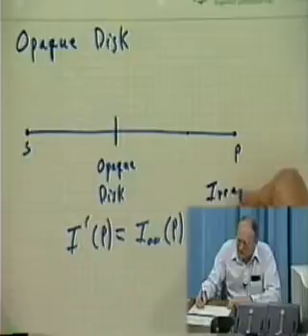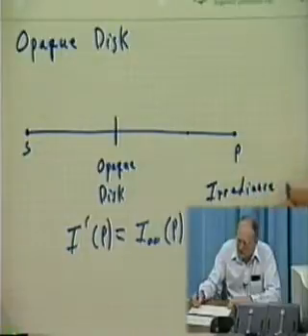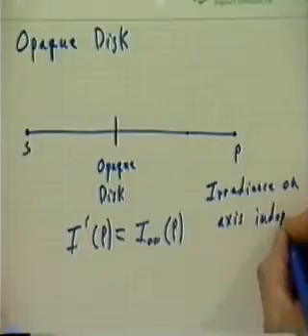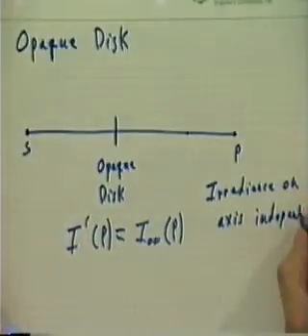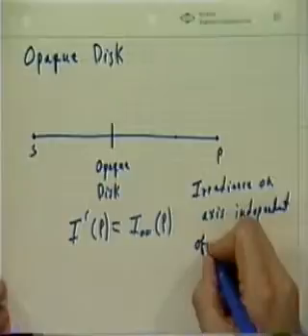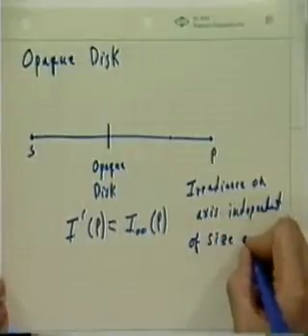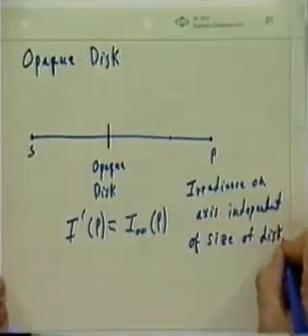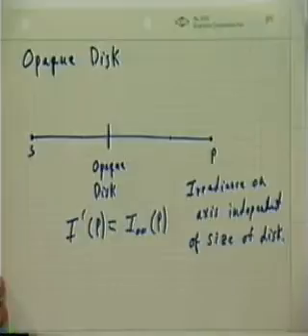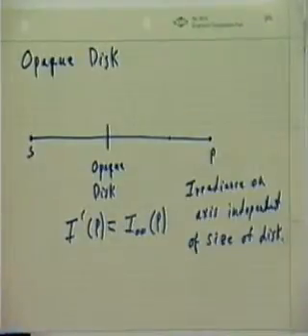So irradiance on axis, independent of size of disk. Okay. Amazing result. So any questions on that?